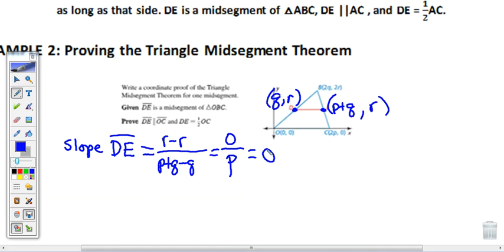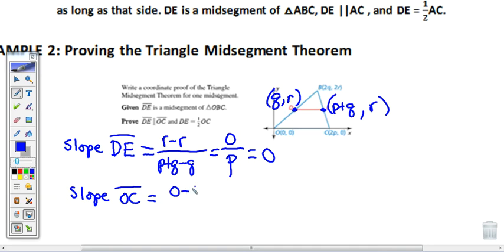Let's do the slope from, to prove that DE is parallel to OC, we're going to have to show that OC also has a slope of what? Here we go. y2 minus y1. So from these 2 points, O and C, what minus what? What minus what for y2 minus y1? 0 minus 0.